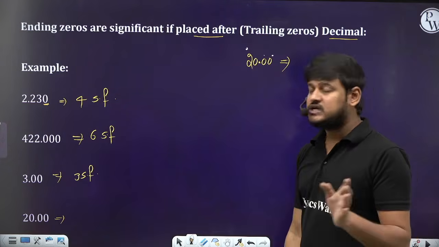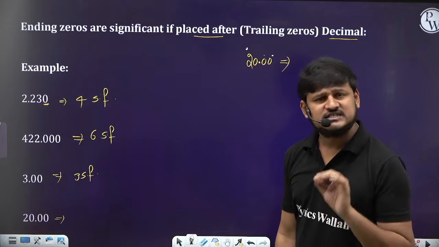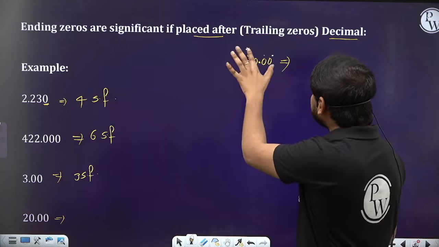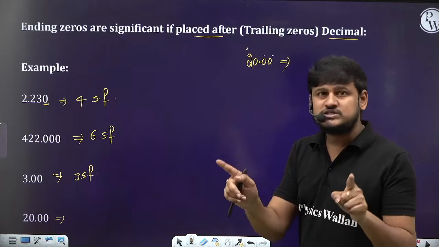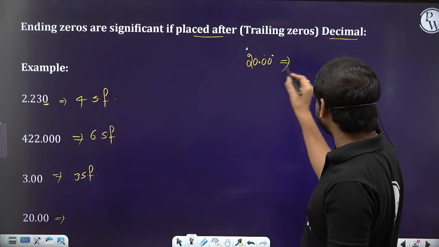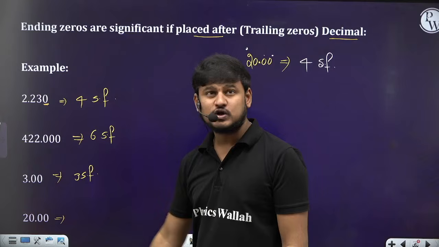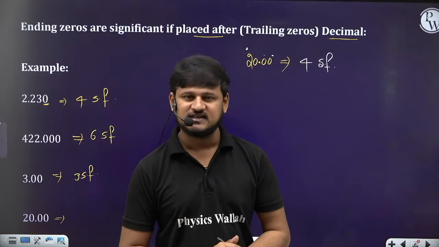Now the doubt is, should we consider this 0 as significant or insignificant? The simple rule is, between two significant figures, whatever digit lies there is always significant. So that's why here total 4 significant figures we have. Clear?